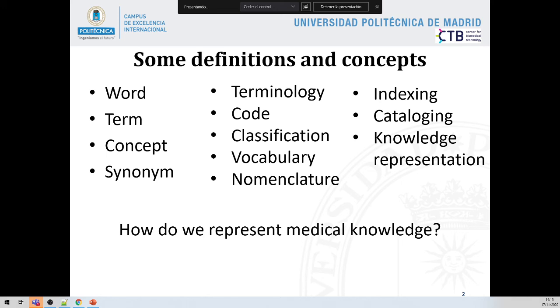Also, several vocabularies and ontologies are used more than others when representing biomedical knowledge because they are more standardized, more comprehensive, and used in more hospitals.